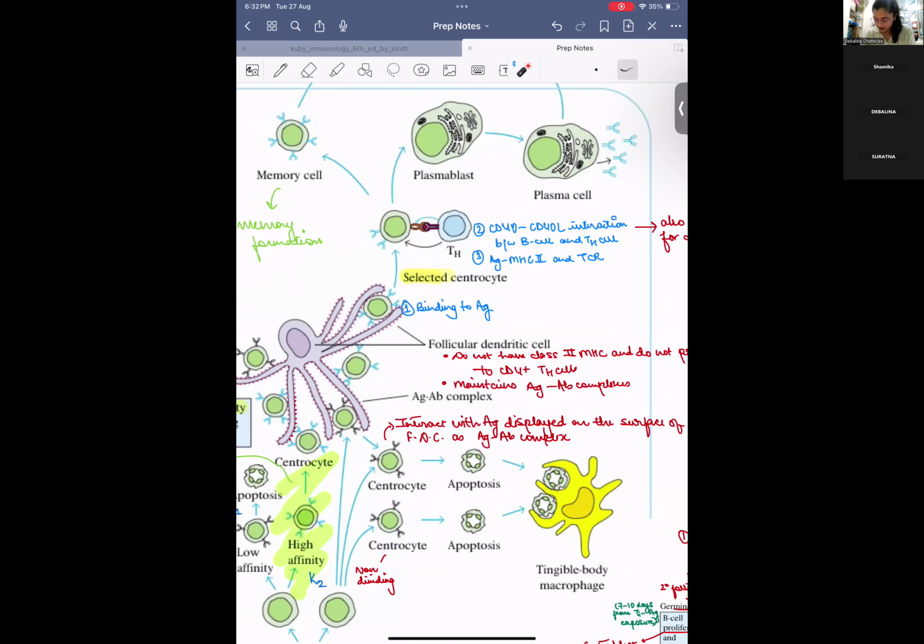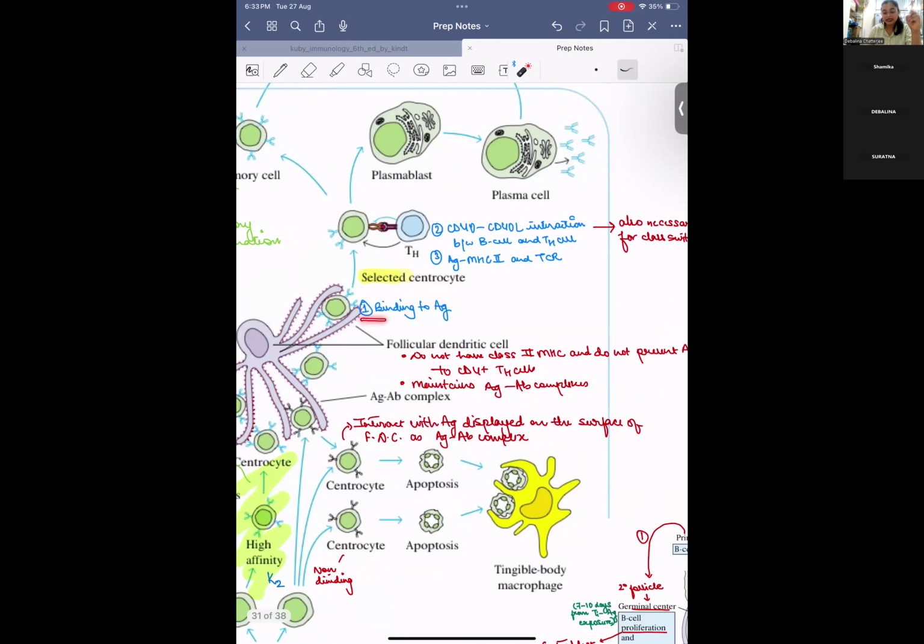Okay. So this centrocyte that binds to the follicular dendritic cell is now going to get a chance to interact with the T helper cell. So the first signal that happened is the binding of the centrocyte to the antigen.